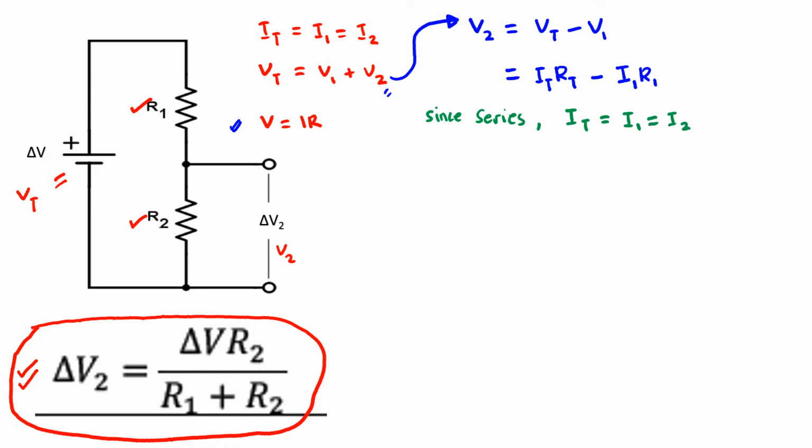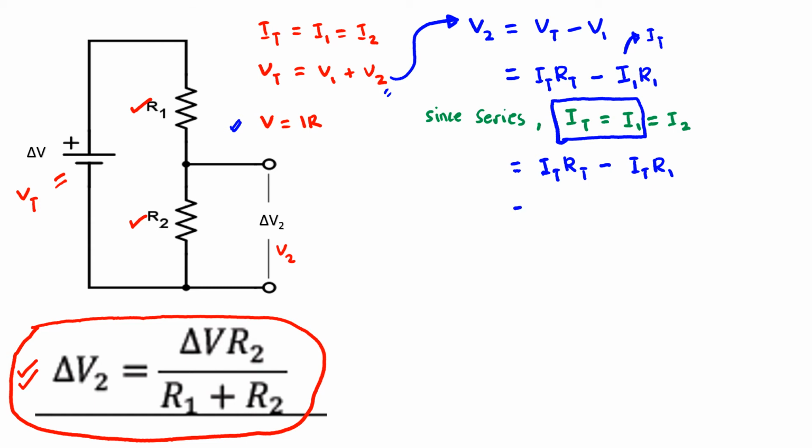So instead of writing I1, I can write IT, because they have the same value. So I will have IT multiplied by RT minus IT multiplied by R1. Again, this is because the total current is the same as the current through the first resistor.